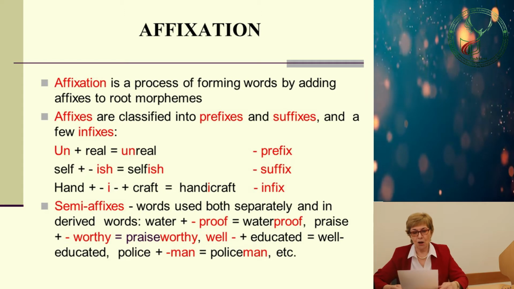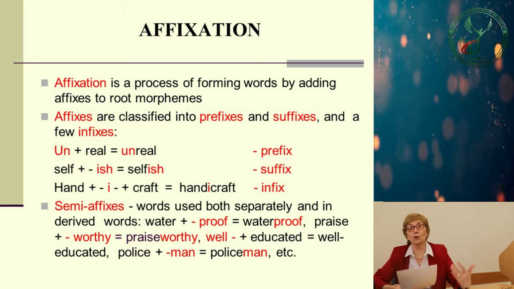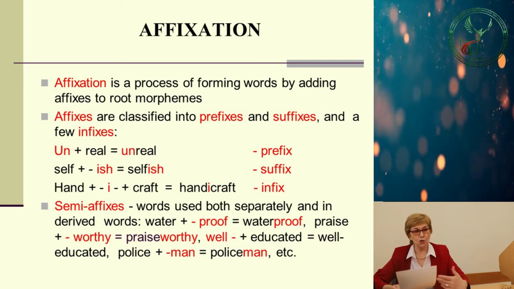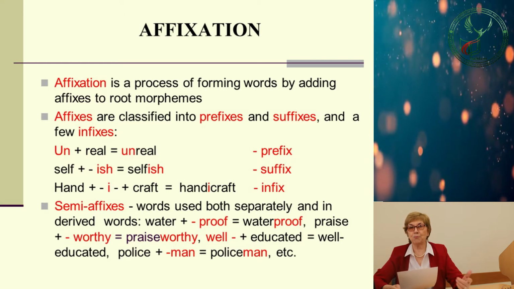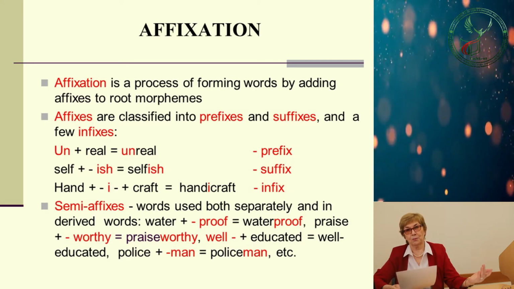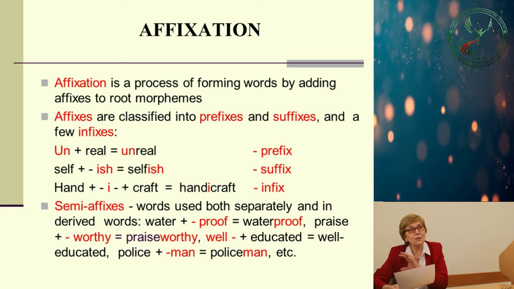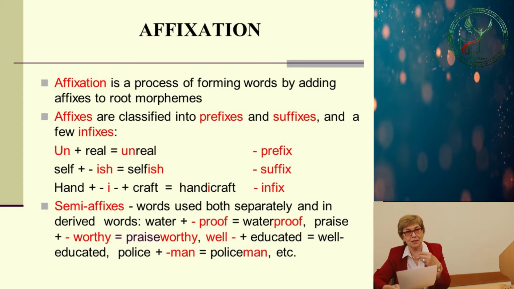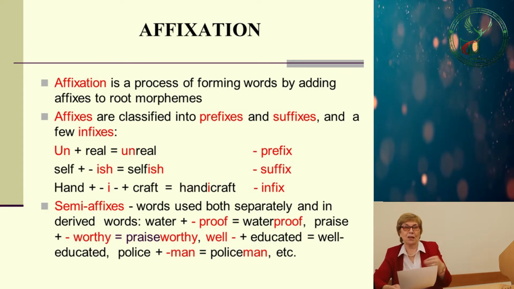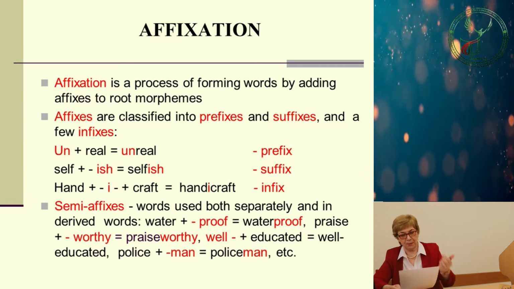For example, waterproof clocks are clocks which are not afraid of water, right? Shockproof glass or shockproof plate is a plate which does not break when you throw it on the floor. So this suffix shows us that something which is expressed by the root morpheme will not happen.